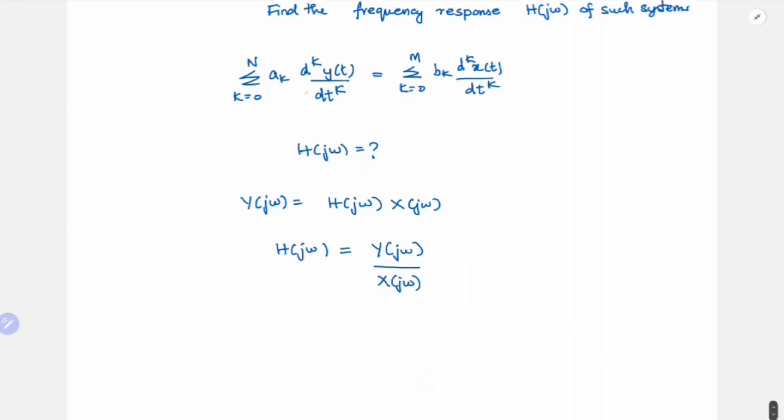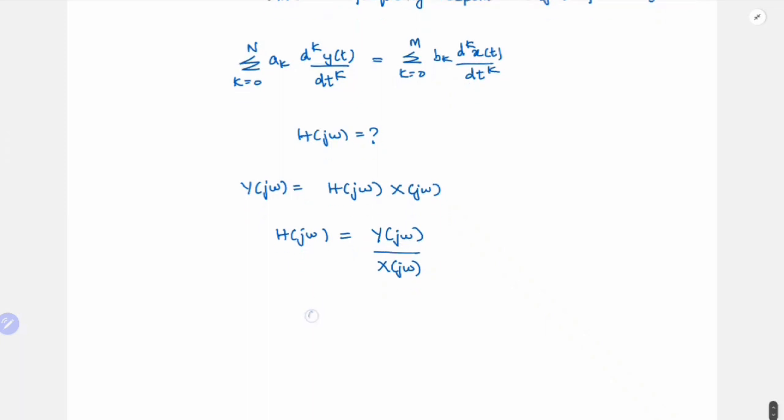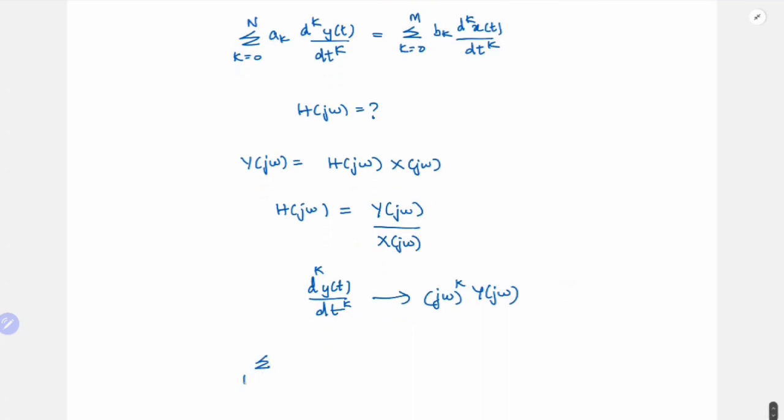And we know this differentiation is related directly to the Fourier transform. So dy(t) by dt is nothing but j omega Y of j omega. So for the k-th derivative, you will get a factor of (j omega) to the power k here. So this again you can represent as summation k equal to 0 to n a_k (j omega) whole power k Y of j omega is equal to summation k equal to 0 to m b_k (j omega) power k X of j omega.